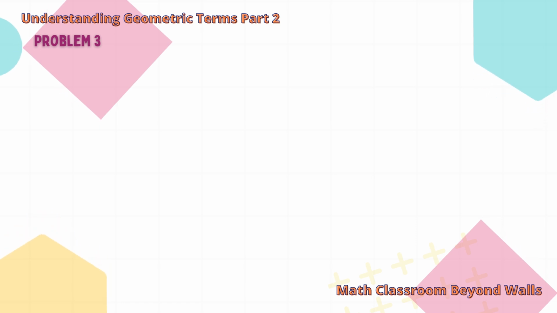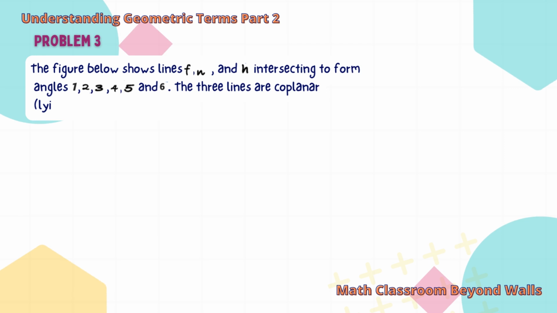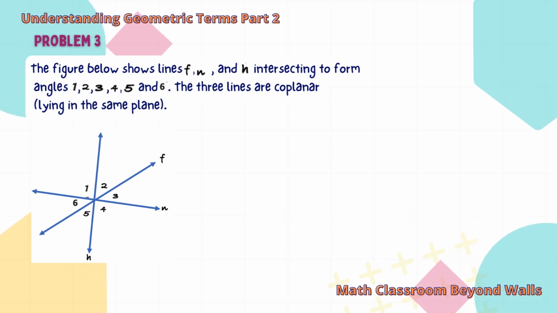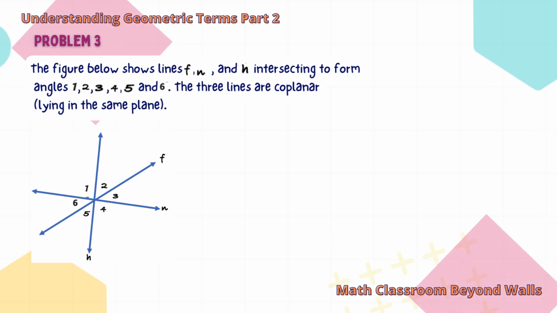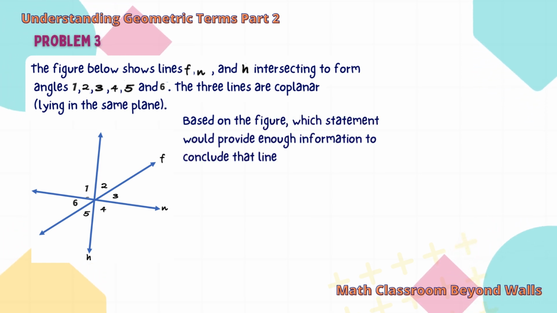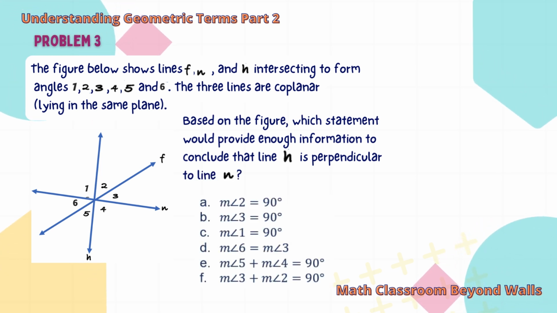Here's the problem. The figure below shows lines F, M, and N intersecting to form angles 1, 2, 3, 4, 5, and 6. The three lines are coplanar, meaning they are lying in the same plane. Based on the figure, which statement would provide enough information to conclude that line M is perpendicular to line N?